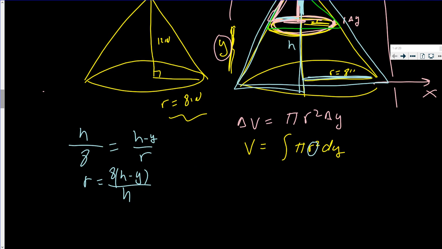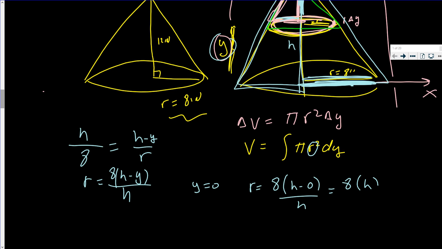Well, when y is equal to 0, we want to be down here. When y is 0, r is supposed to be 8 times h minus 0 over h, which is 8h over h, which is 8.